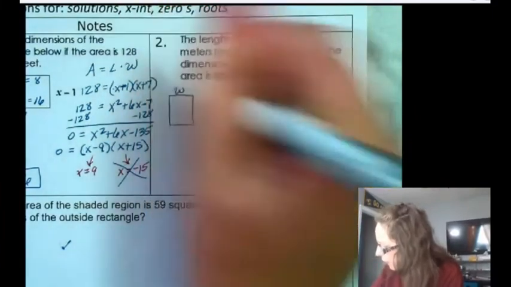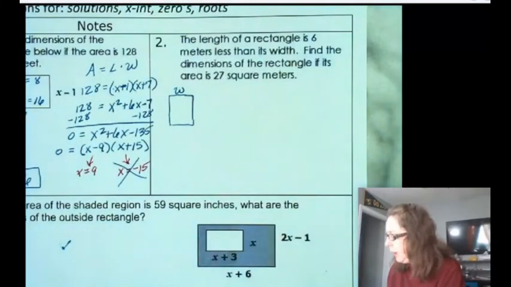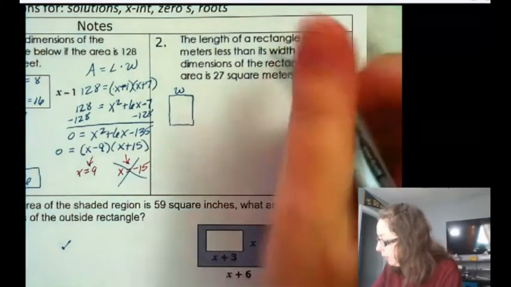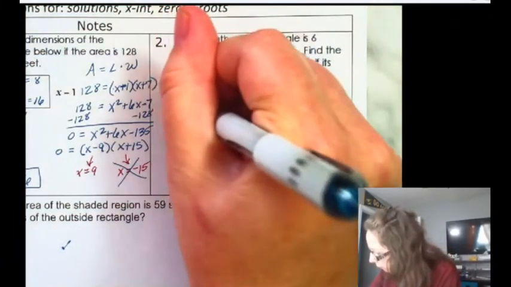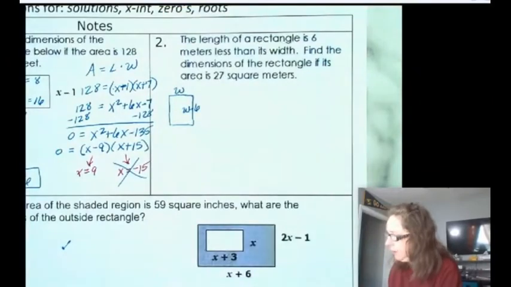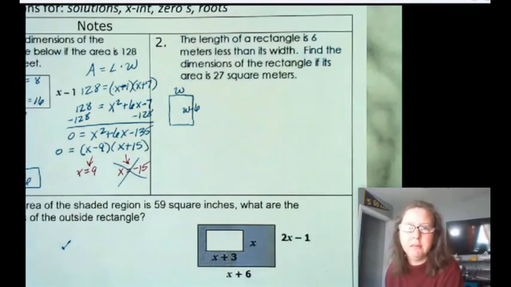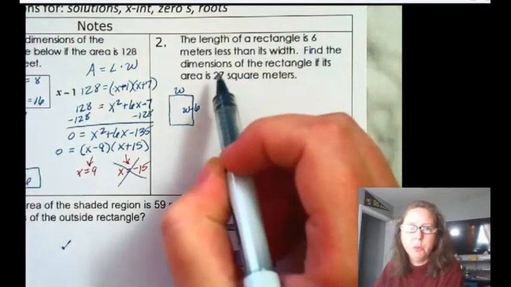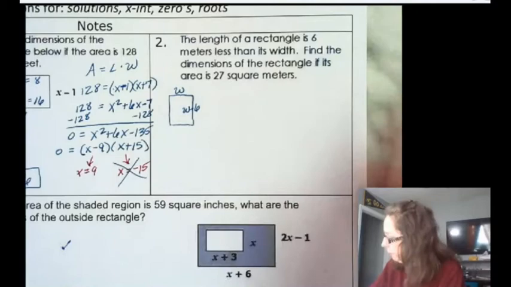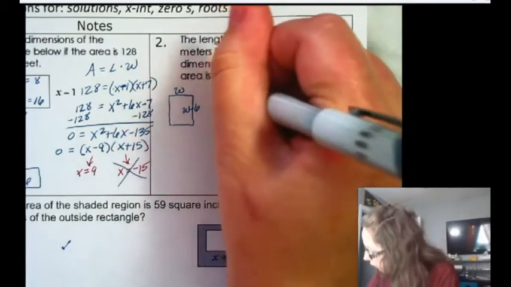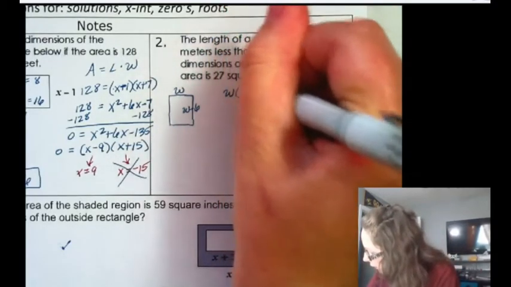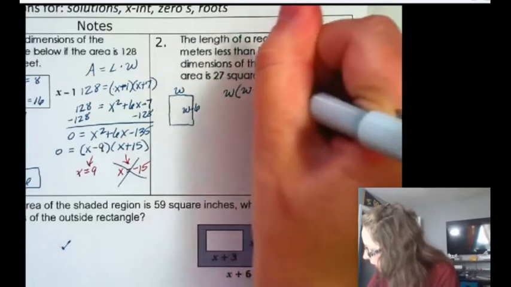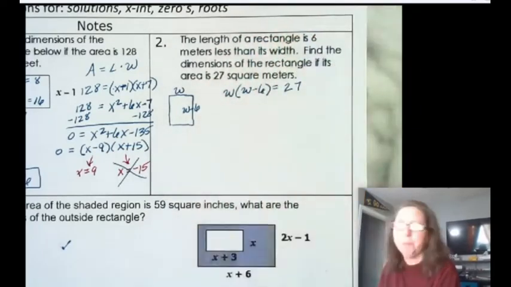So I know the width, and the length is going to be whatever the width is minus 6, because it's 6 meters less than. So now I'm ready to set up my problem. It tells me that the area is 27 square meters. So let's do our width and our length multiplied together equals the area.